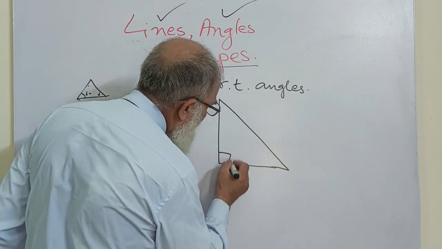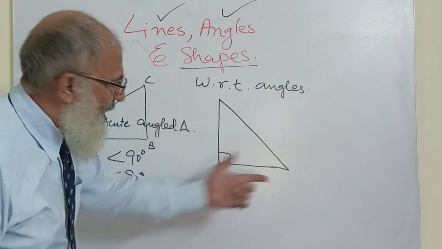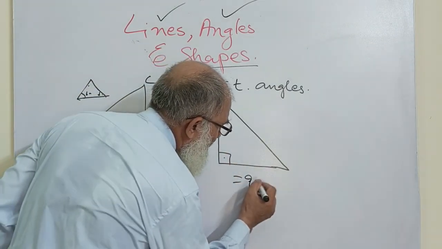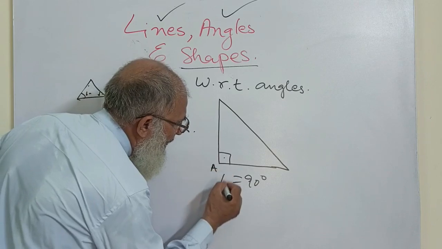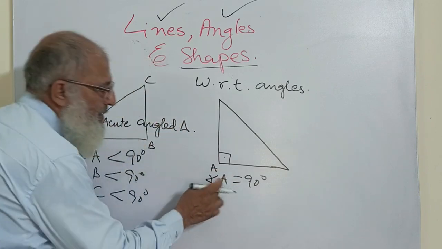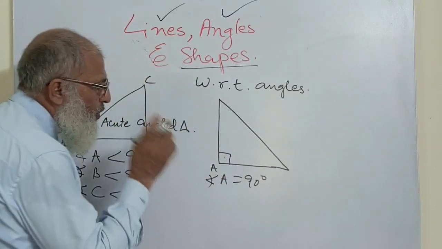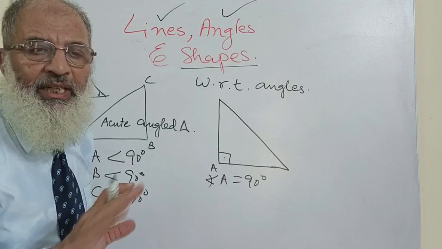Now, if one of the angles in a triangle is equal to 90 degrees, that is angle A is equal to 90 degrees. You see that only one angle can be 90 degrees.